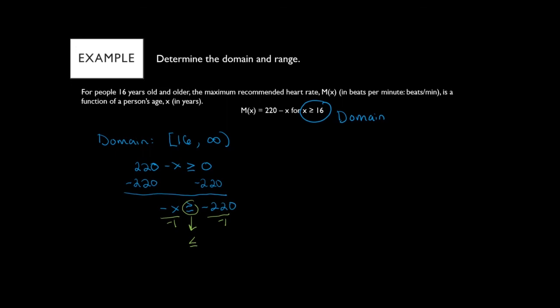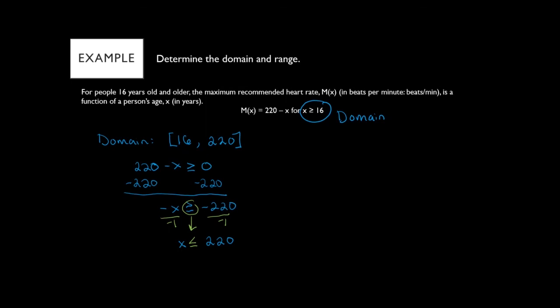I get X is less than or equal to 220. Since we know that heart rate can't be negative, we basically worked backwards by creating an inequality. This tells us X has to be less than or equal to 220, so we could modify our domain and say 220 is the other endpoint, because otherwise it doesn't make sense anymore.